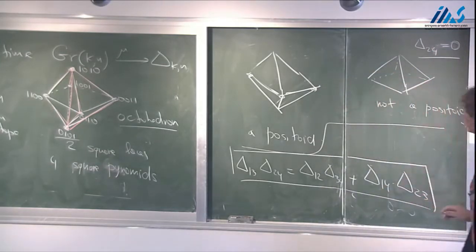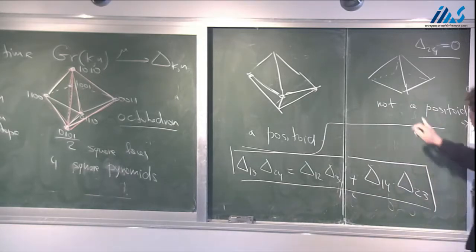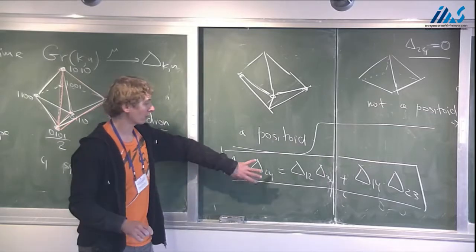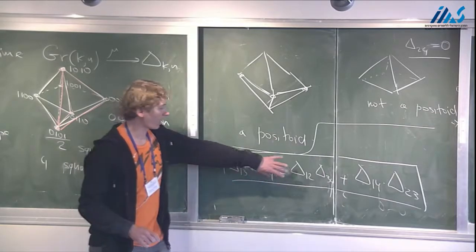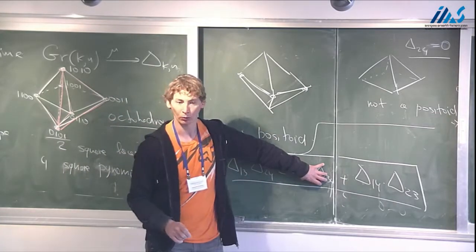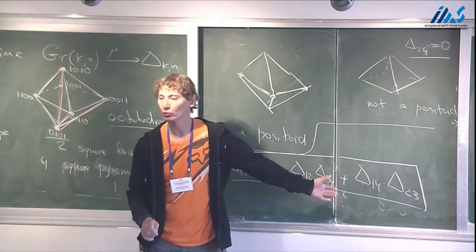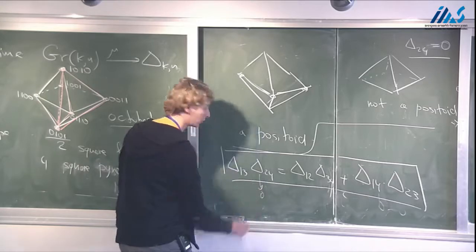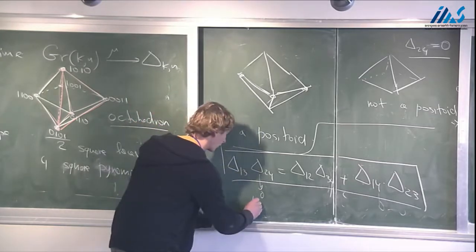That's not allowed, because if delta 2,4 is 0, then you have 0 on the left-hand side, and on the right-hand side you have two positive terms. 0 cannot be equal to a sum of two positive terms. So we're not allowed to set just this one to 0. We get a contradiction.